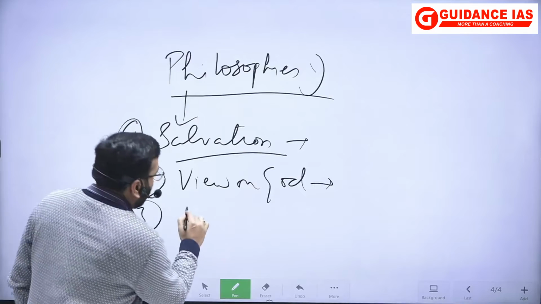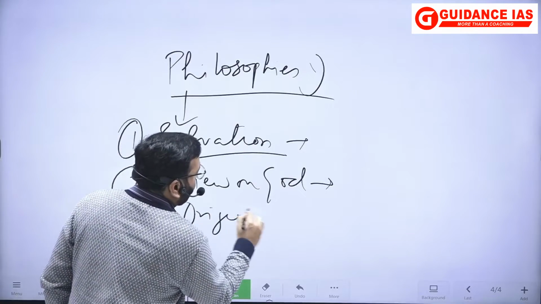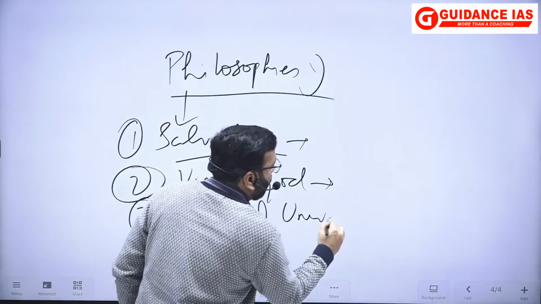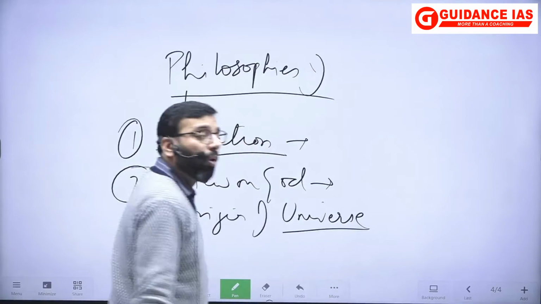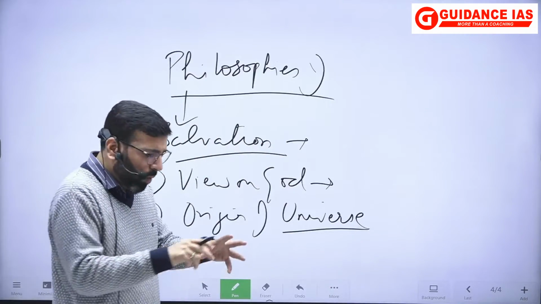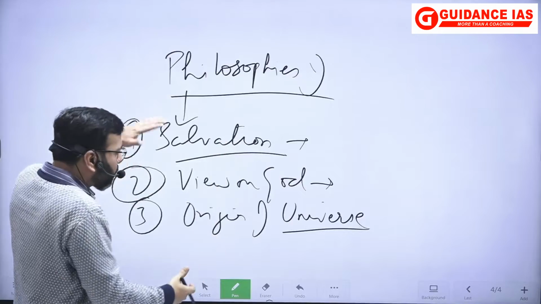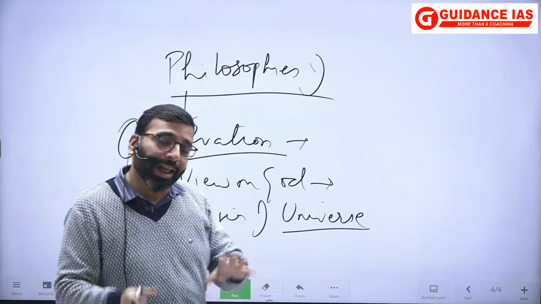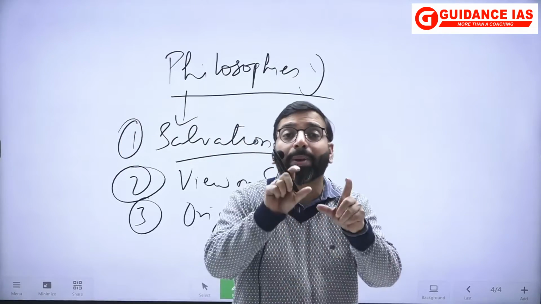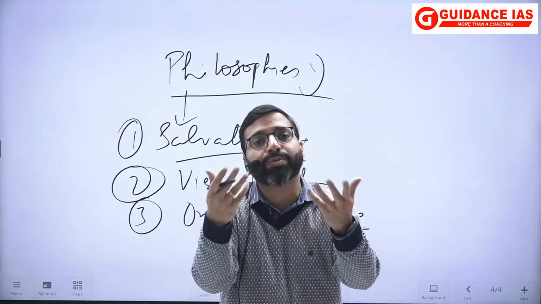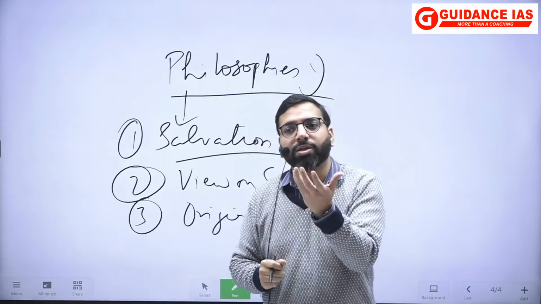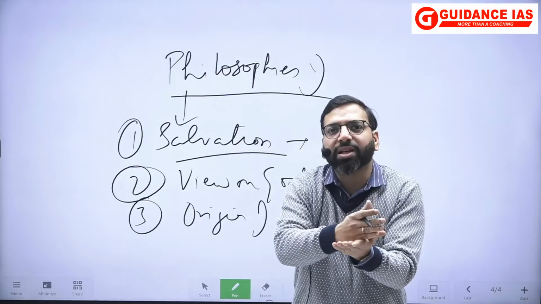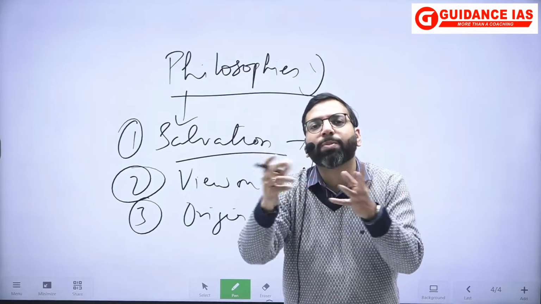Then origin of universe. Origin of universe क्या है? So if you divide these philosophies under these subheadings ना, then you can remember these things. और वहां पे comparison करना आसान होता है. You can expect a question like, say, वैशेषिका और जैनिज्म के बीच में comparison आ जाए.